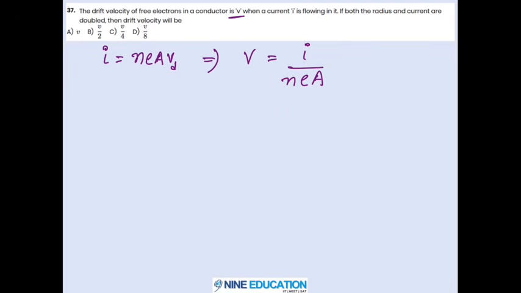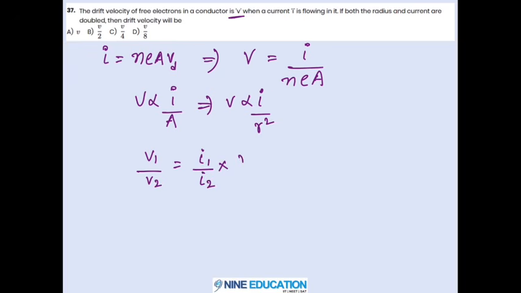So we can say directly V is proportional to I by A, or in other words, V is proportional to I by radius square, because area of cross section is pi r square. So we can say V1 by V2 is equal to I1 by I2 into R2 by R1 whole squared.